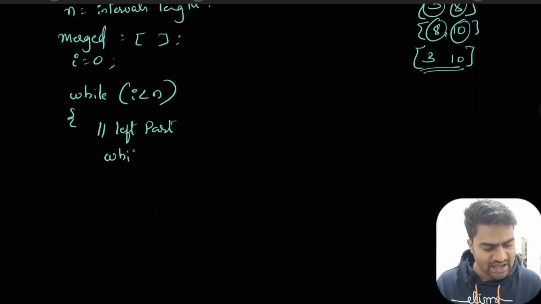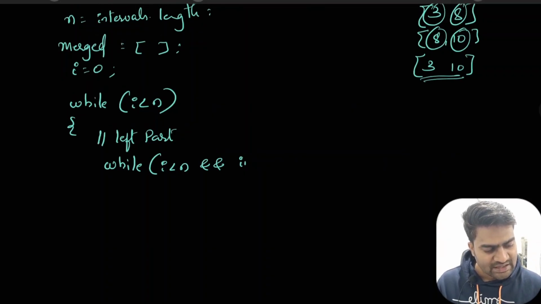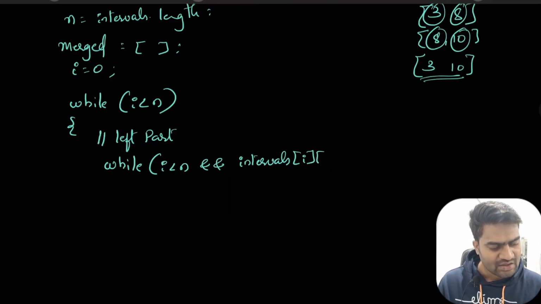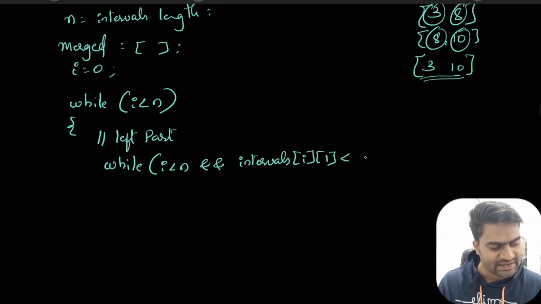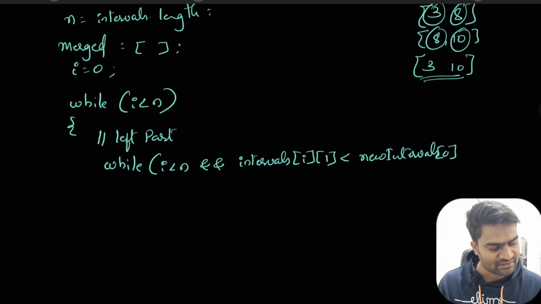So as long as i is less than n, the other condition would be: intervals of i, this is the current interval, its end value, as long as it is less than new interval of 0, the start value in the new interval.